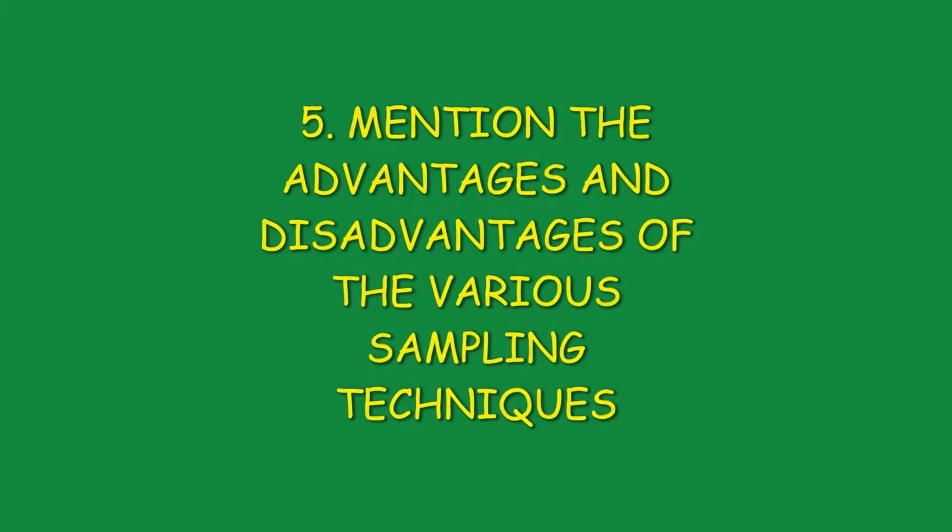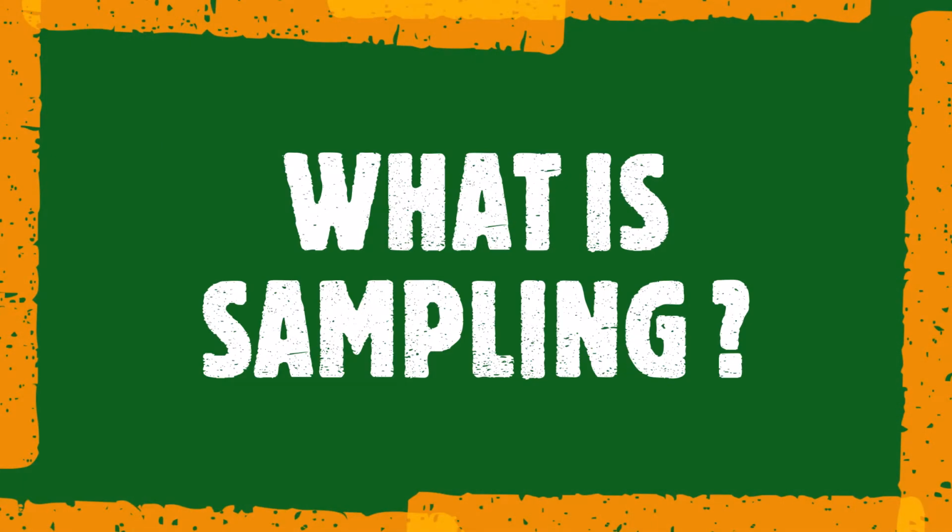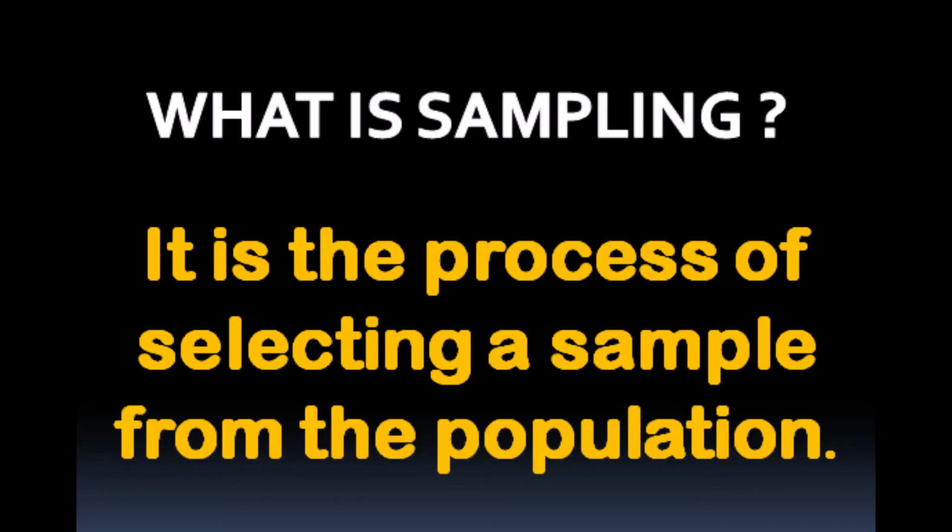let us begin by looking at what exactly is sampling. Sampling, by definition, is the process of selecting a sample from the population. I say it again: it is the process of selecting a sample from the population.